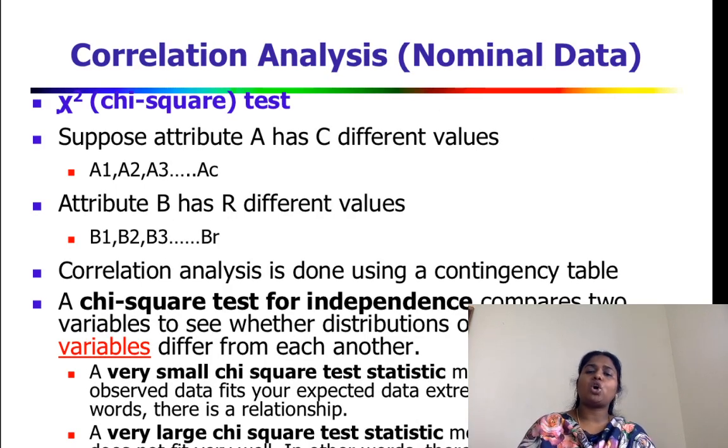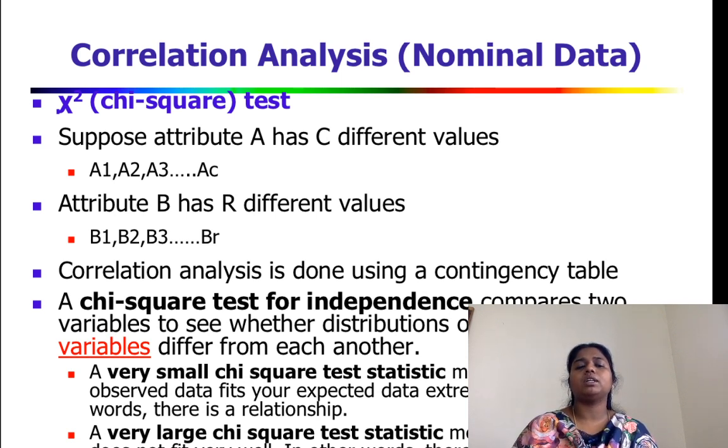The most common correlation analysis method that is used is called the chi-square test. The chi-square test is a statistical methodology to identify how much dependency is available between two different variables.